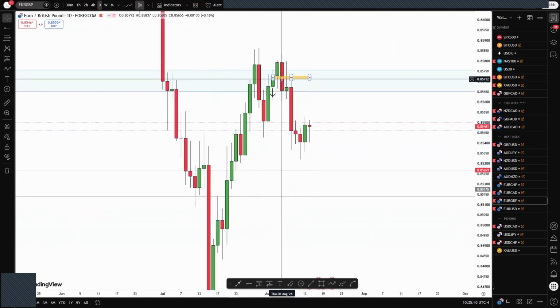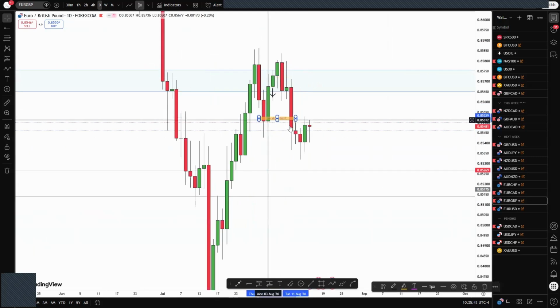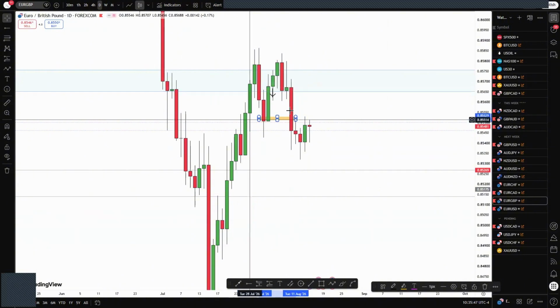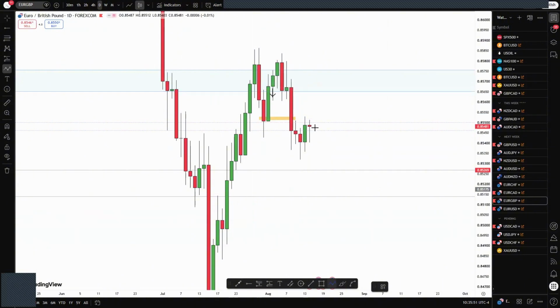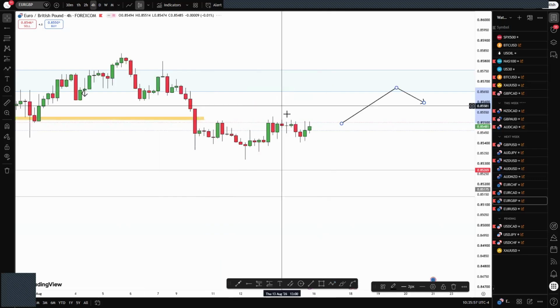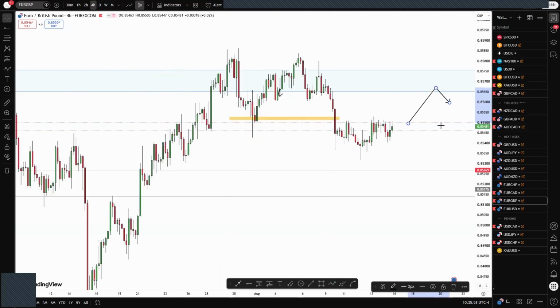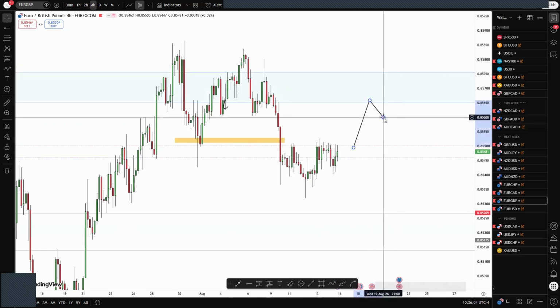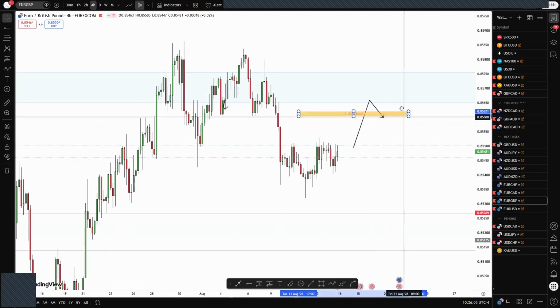So since the daily is bearish after taking this low, high, high, you can sell if price were to test back here. Yeah, so wait for price to come back here and then give me another shift.